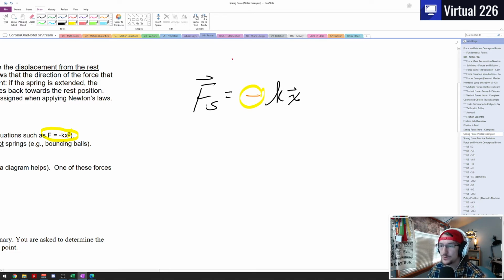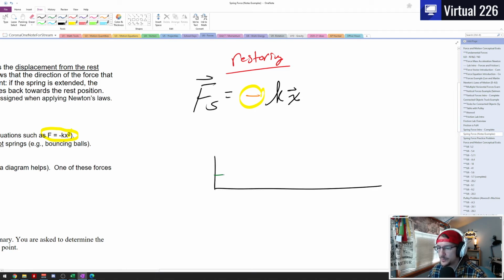It is a restoring force. And what we mean here by that is the following. Imagine I have a wall, and here's the ground. And on that wall, I hook up a spring. Okay, so here's a spring. And at the end of the spring, I put a block. Okay, and this is the equilibrium position of the spring. And this is the center of the block right here.